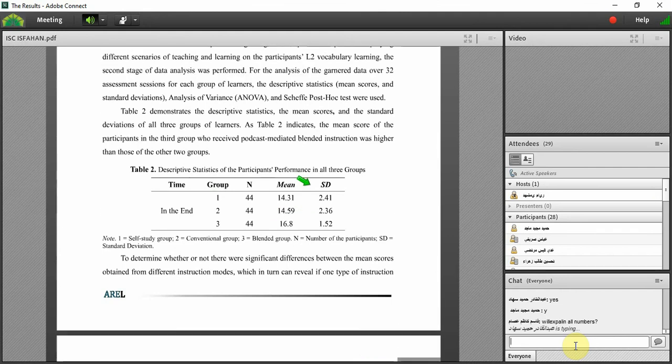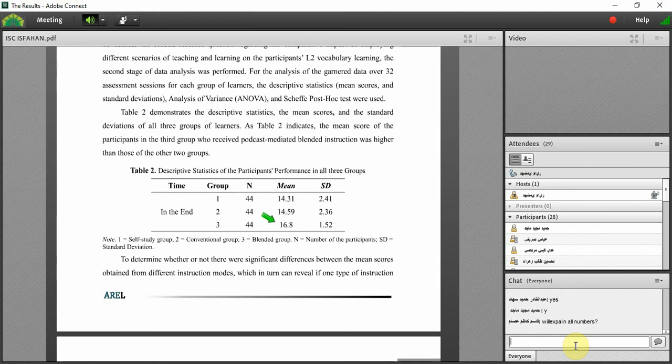Probably nothing. But here, I've told you that, as table 2 indicates, the mean scores of the participants in the third group who received the podcast-mediated blended instruction was higher than those. This is a very good example. You should learn the whole lesson from this example. Listen carefully. These are all the numbers.